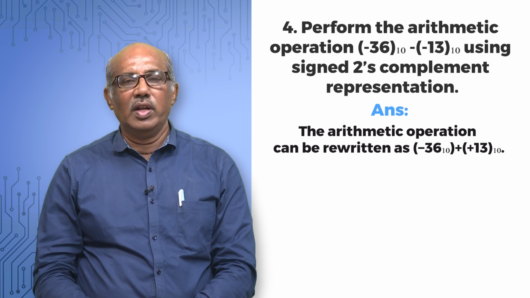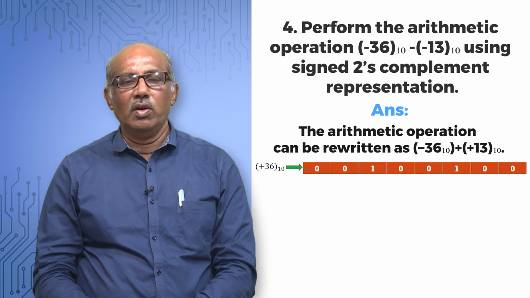First we will write plus 36 in sign complement form, and then we take the 2's complement of the number. So, plus 36 we represent as 0 0 1 0 0 1 0 0. You know that the most significant bit represents the sign bit, because I am representing the decimal number plus 36. Therefore, the most significant bit will be 0.